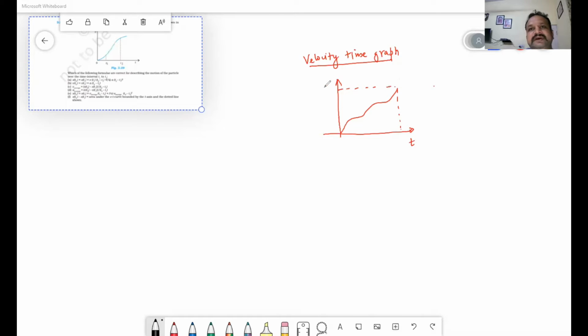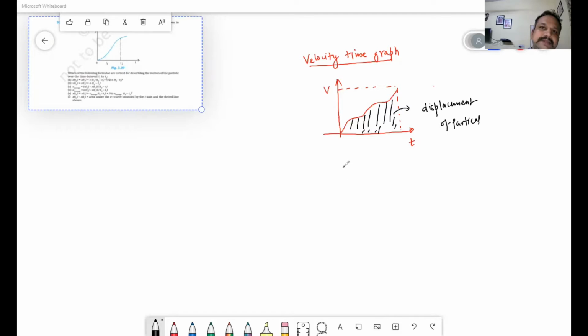This is the velocity. Area under the velocity time graph will give us the displacement of the particle. Okay.